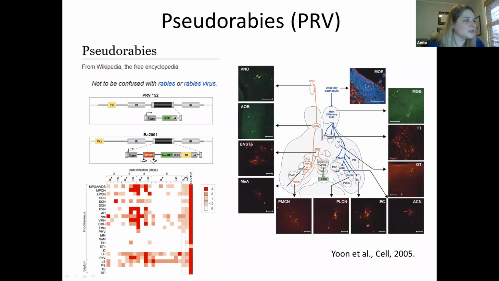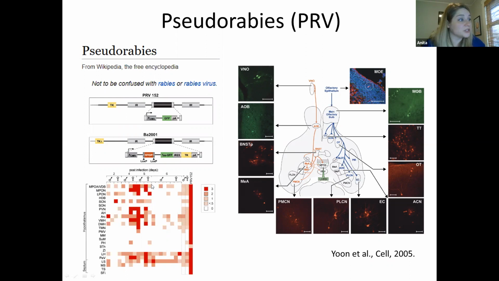But basically, I just wanted to show that for these different constructs of pseudorabies virus, it's crossing synapses. It keeps crossing synapses. So in the case of pseudotyped rabies, we have monosynaptic only. In this case, it will continue to cross synapses, and it's basically based on time. So the more days after infection that you sacrifice the animal, the more you're going to get.